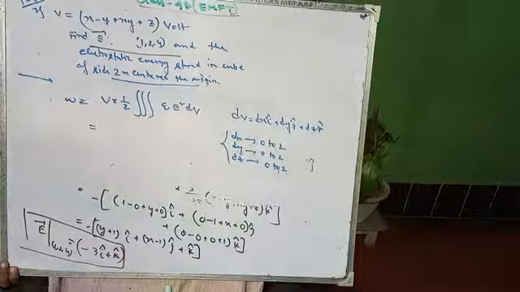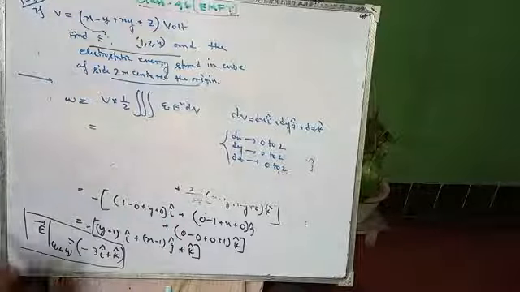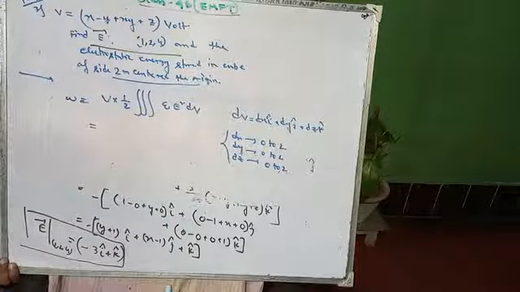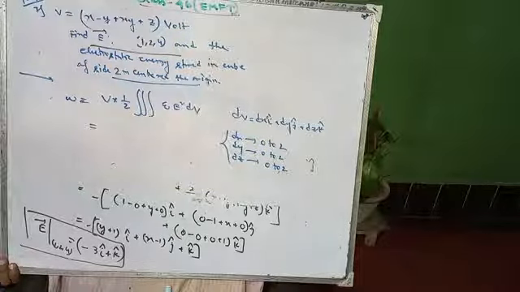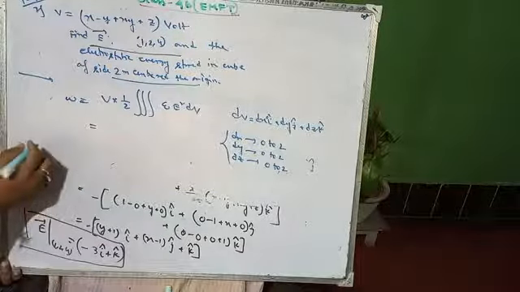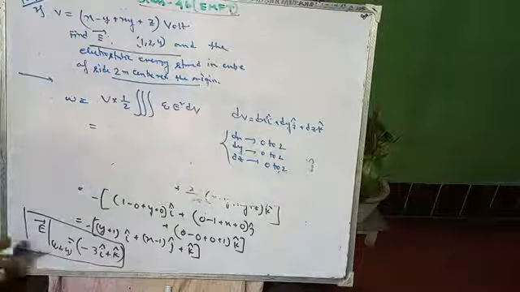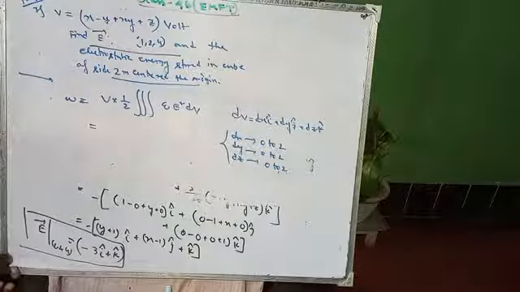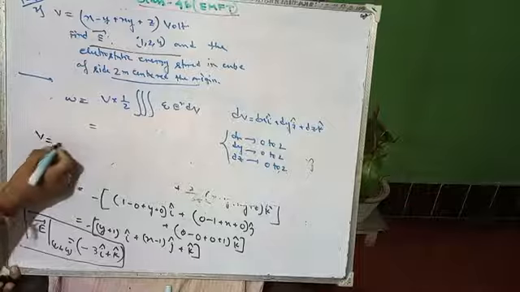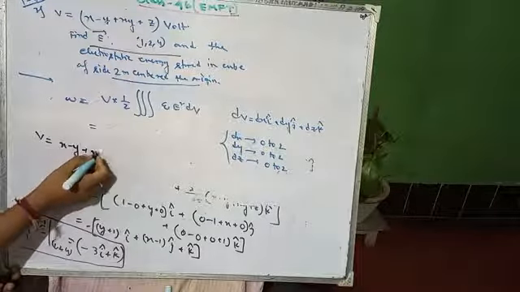What will be your voltage, or your potential, over here? V at that point equals x minus y plus xy plus z.